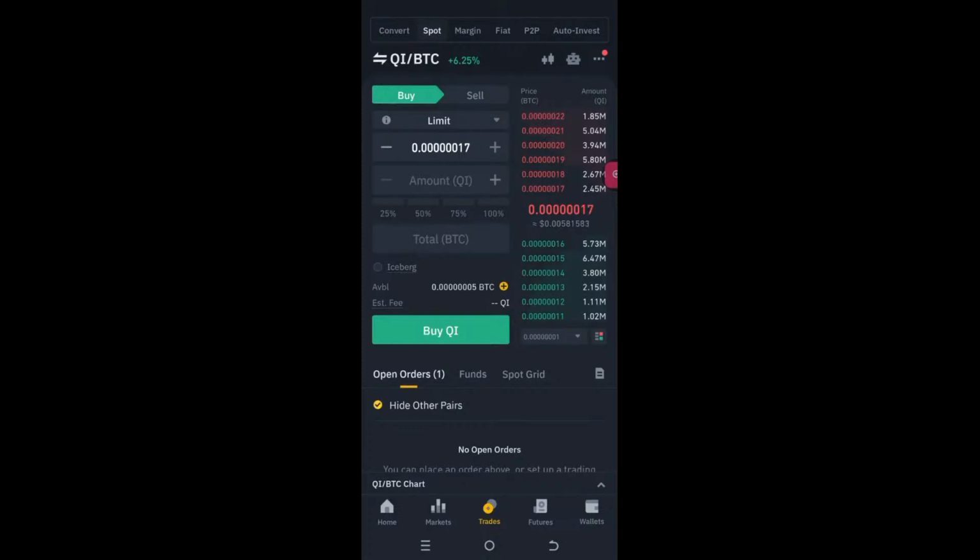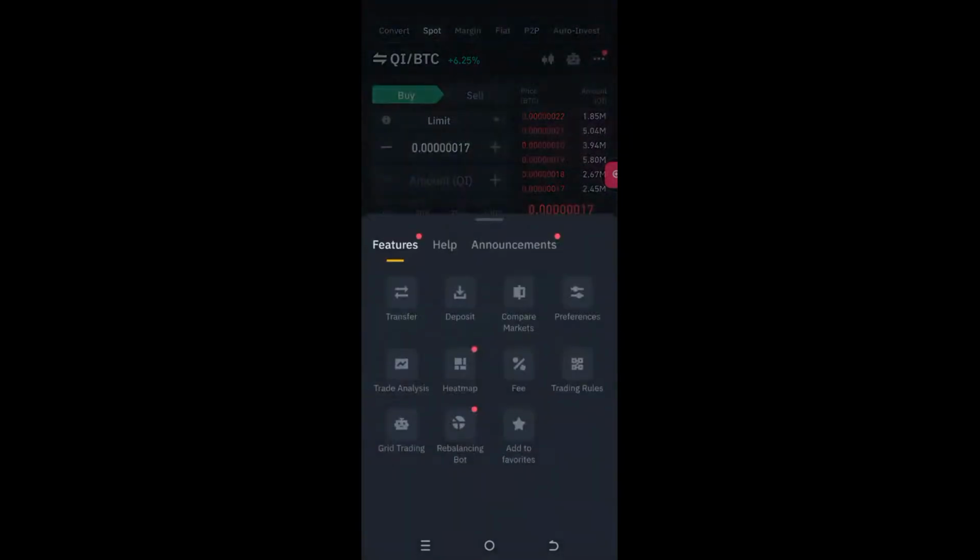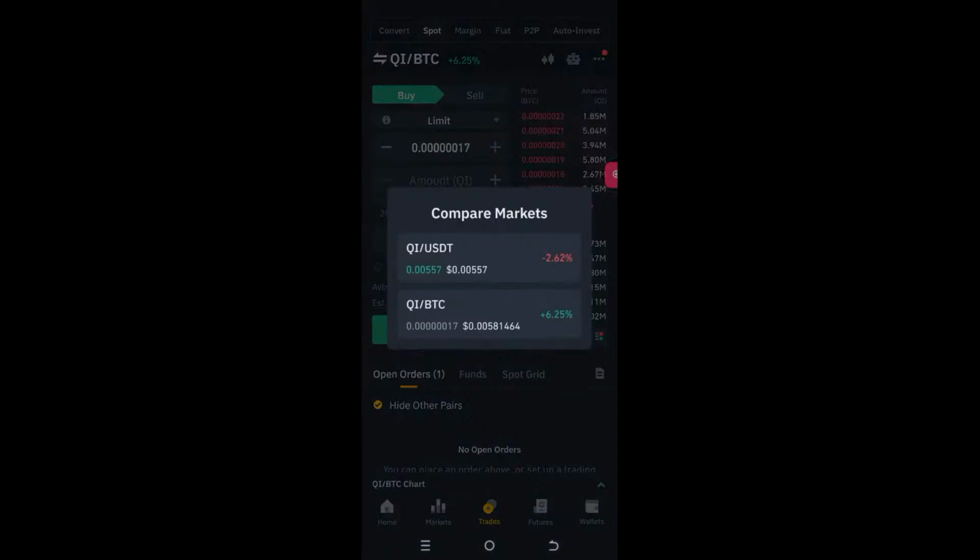Let me show you through the compare markets. Right now we have QI, USDT, and BTC here, and we want to check which one is cheaper, because don't forget, we are buying low and selling high. These are the two markets where QI, our target coin, is listed.